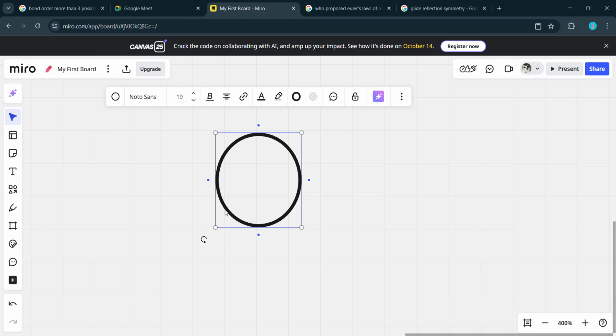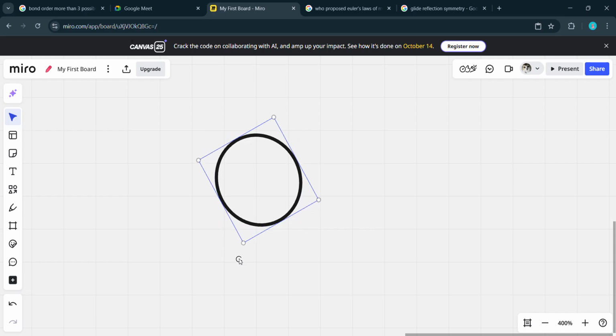Now if you take this circle, you would ask, in how many possible orientations can we express its symmetry?